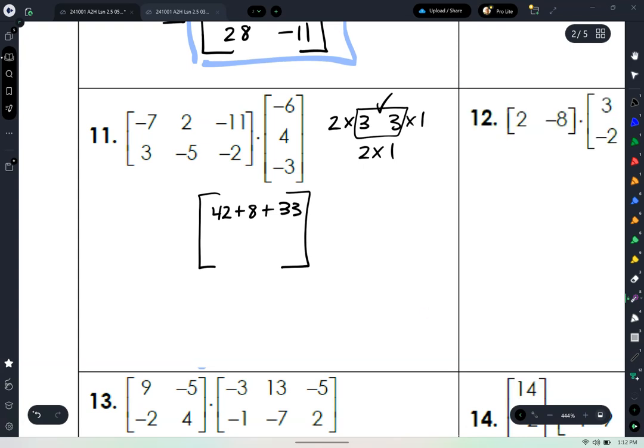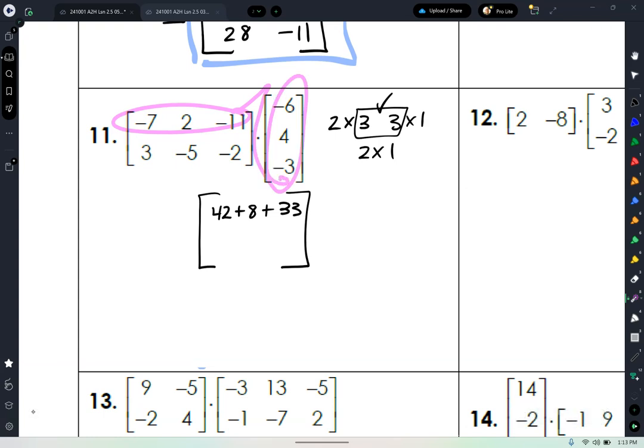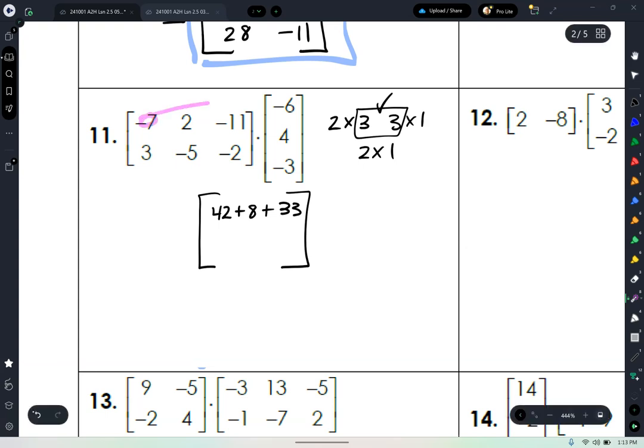And actually, here's a good place for you to start to understand why it ends up being these dimensions here. Because if you think about it, for my columns, I'm doing row 1 times column 1. Well, there's only one column, right? So then it's going to be 3 multiplication problems added together. First element in the row times first element in the column.